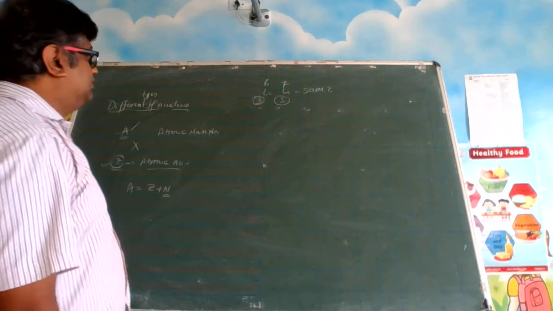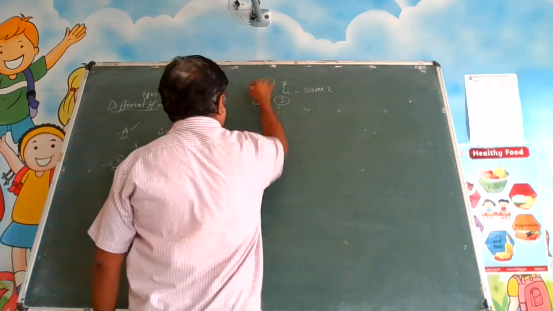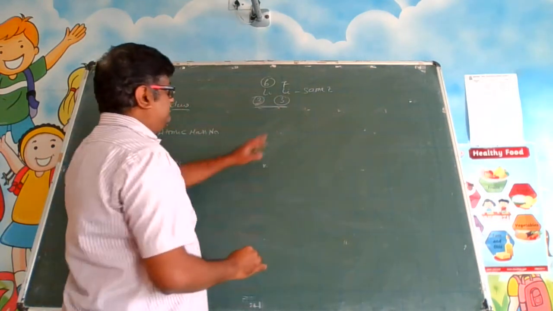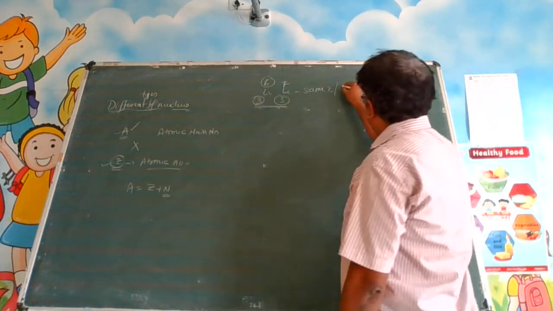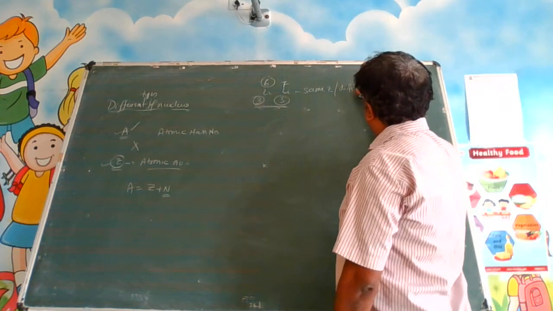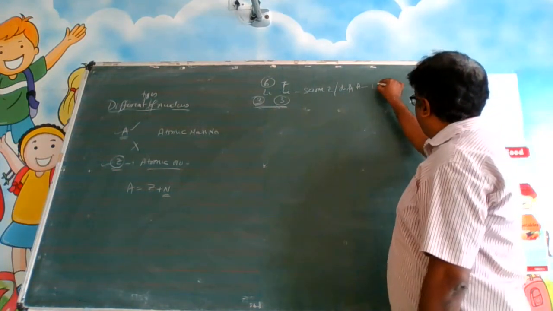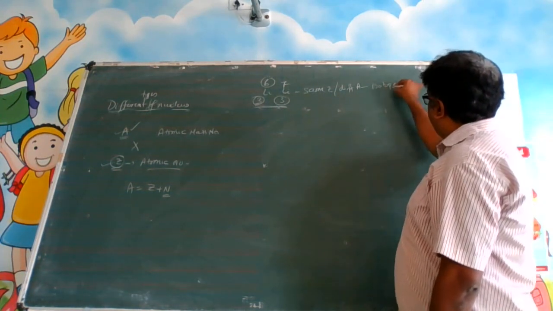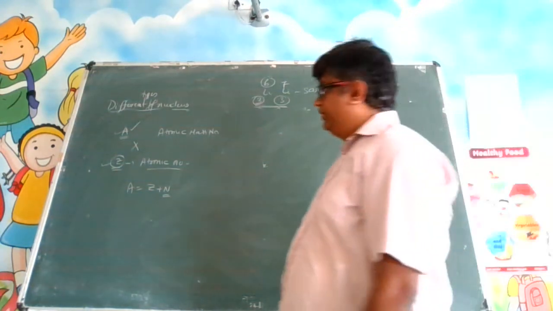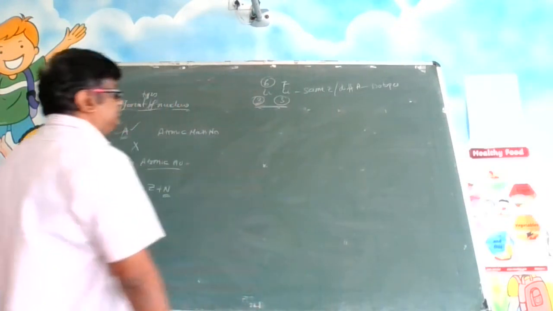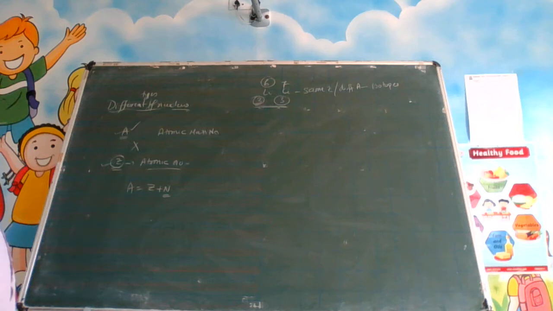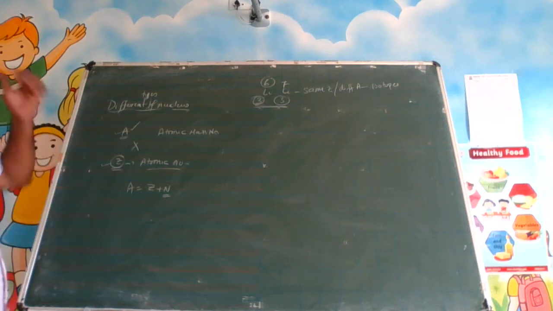Okay. So here this is different, this is same. So same Z, but different A. So these types are called isotopes. Okay. So this is one type of nucleus classification.